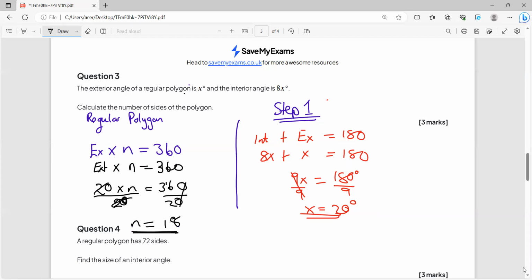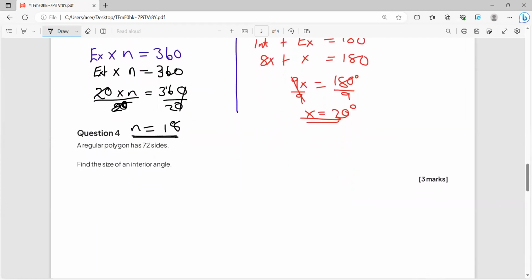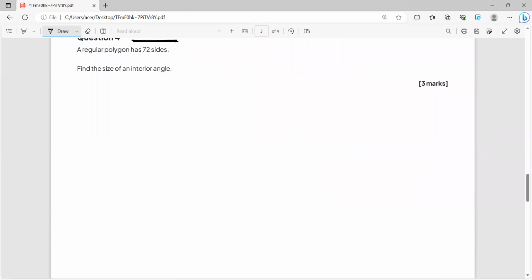Let's see if we can also try to do the fourth question. A regular polygon has 72 sides. Find the size of an interior angle. So whenever you're dealing with regular polygons, let's take the exterior angle route, right? So it's a regular polygon and we have n.